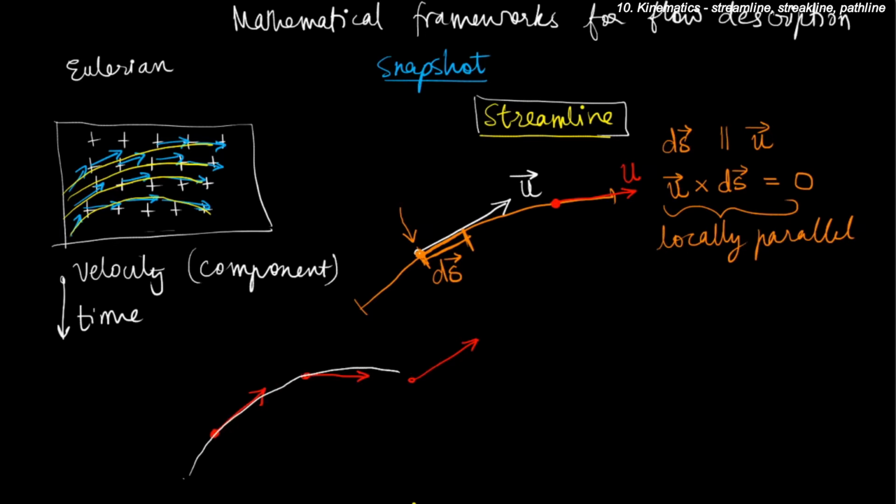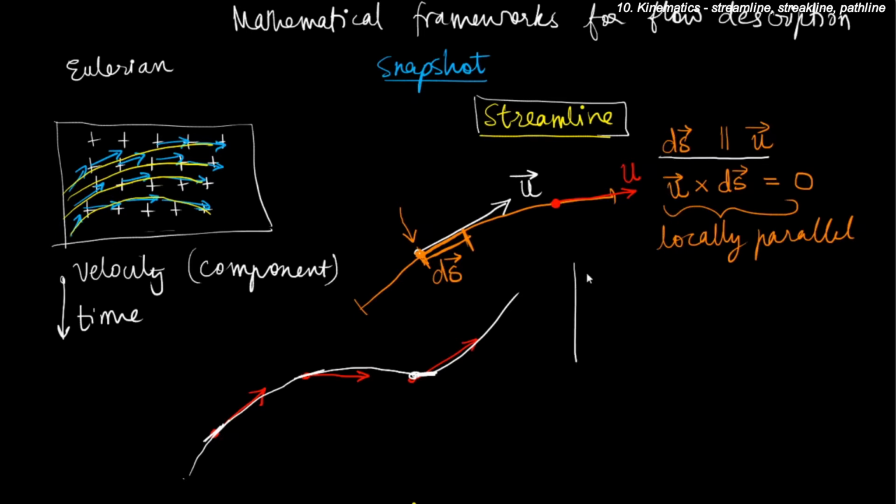So that at all points, the increment in the displacement vector along the streamline would be parallel to the velocity vector at that point. So this is the mathematical condition.